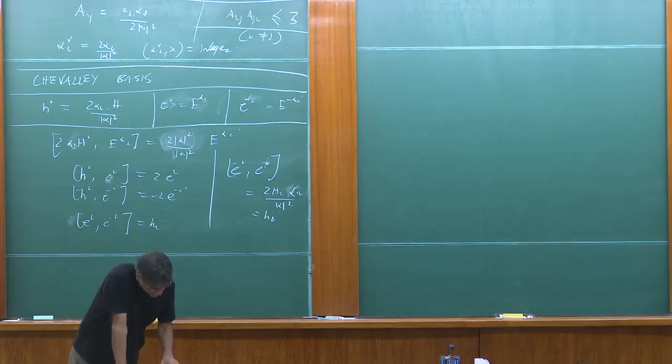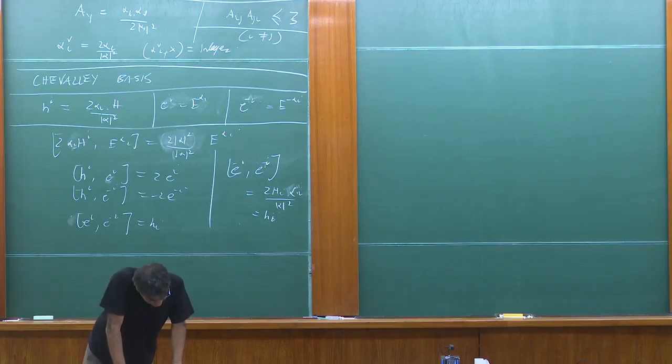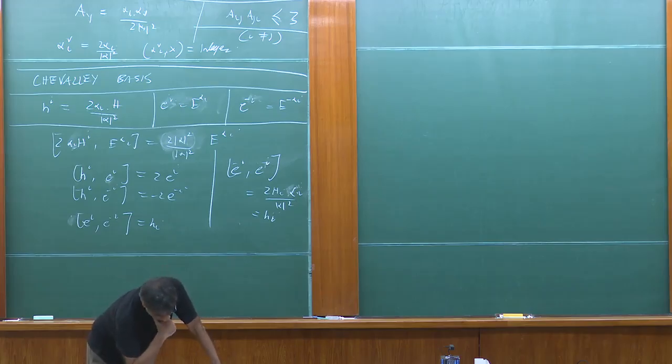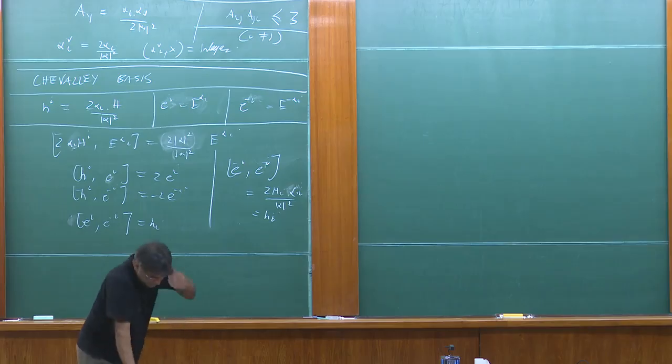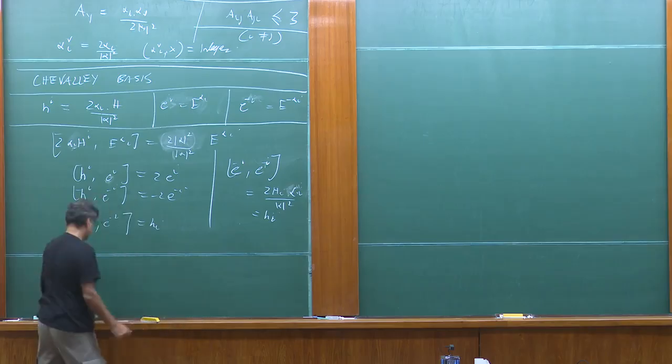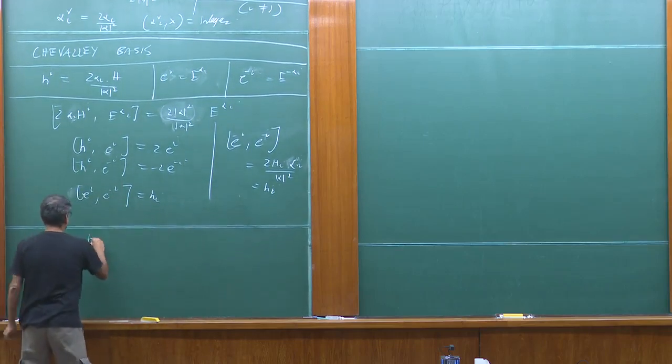Now let's look at what happens when we take Hi with Ej. I've only looked at what happens when I took Hi with Ei. But what if I take Hi with Ej?